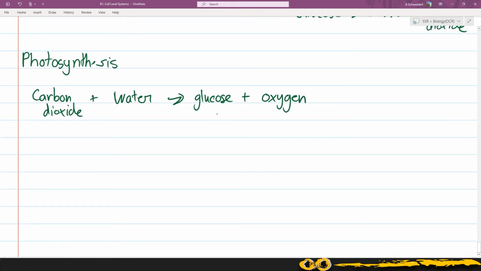The plants consider oxygen to be a waste product, but it's quite useful to us. The glucose will be used, for example, in starches, and that's a long-term store of energy for the plant. Cellulose for the plant's structure.